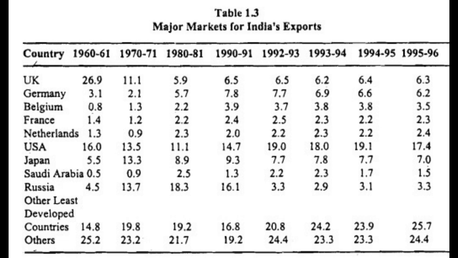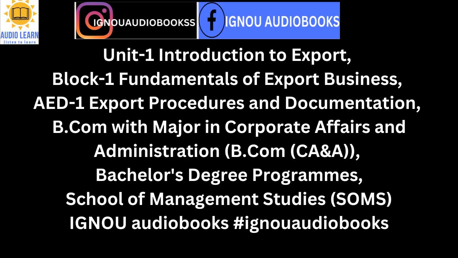In the year 1960 to 61, India's major export was destined to UK, 26.9%, followed by USA, 16%, Japan, 5.5%, Russia, 4.5%, Germany, 3.1%, and France, 1.4%.